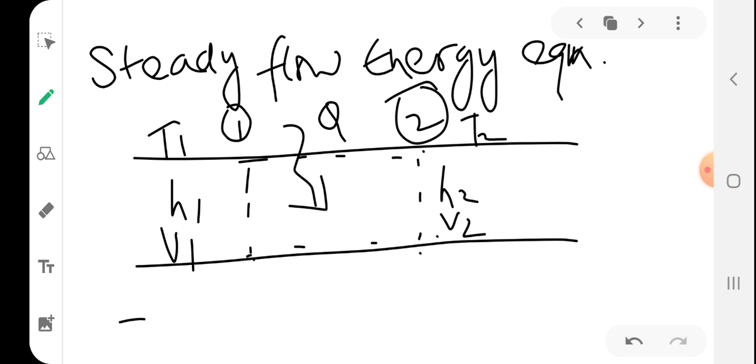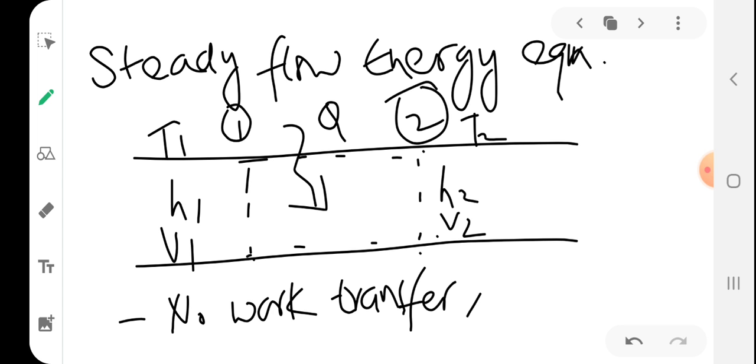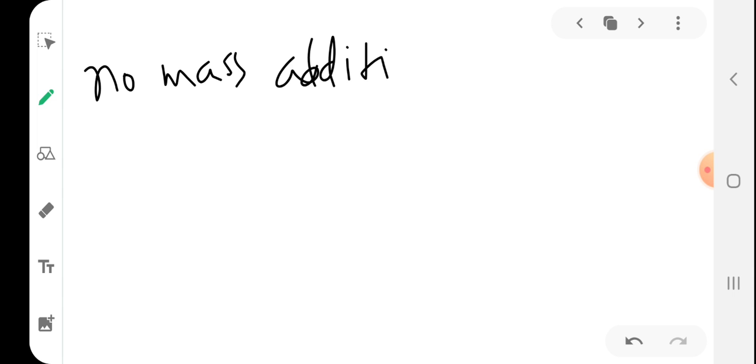Assume that there is no work transfer, because in a Rayleigh flow there won't be any work transfer. Therefore, W is equal to 0, and no mass addition, so the mass flow rate m dot remains constant.